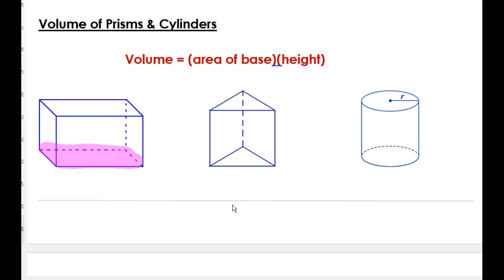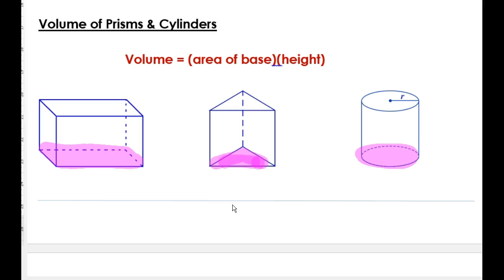In the case of my triangular prism, I know the base is a triangle. And in the case of my cylinder, I know the base is a circle. And I'm going to use that information to help me find the volume without knowing any specific formula for the volumes, although you can always find those on your formula sheet.